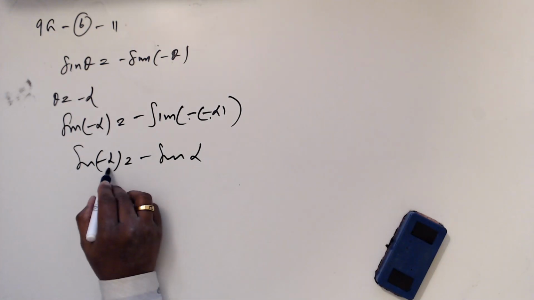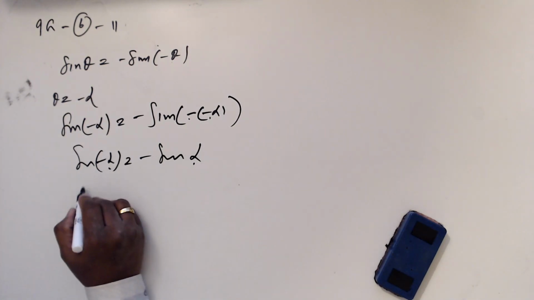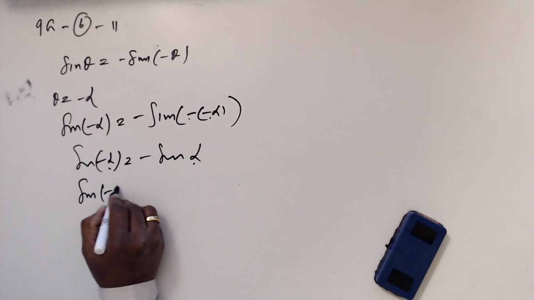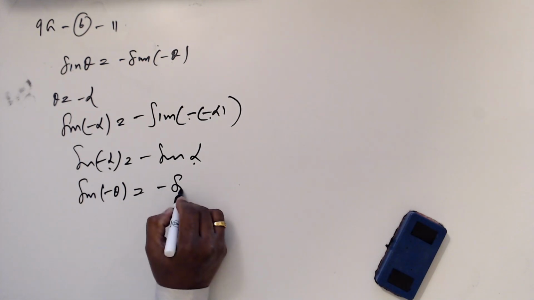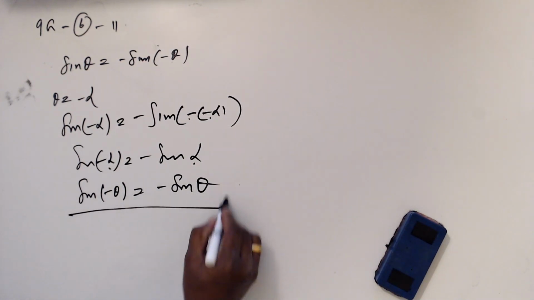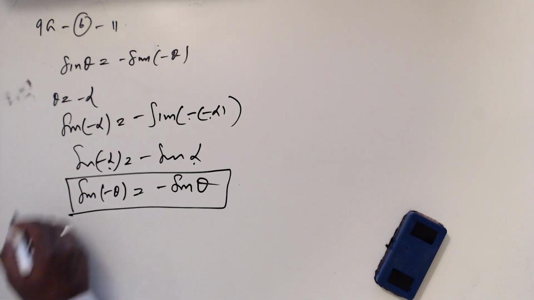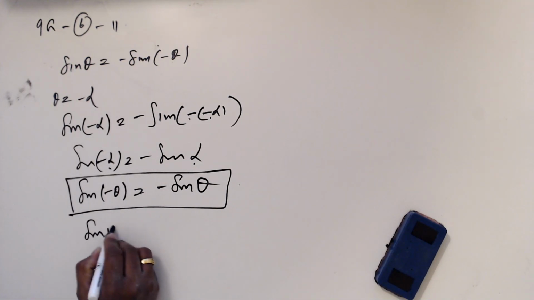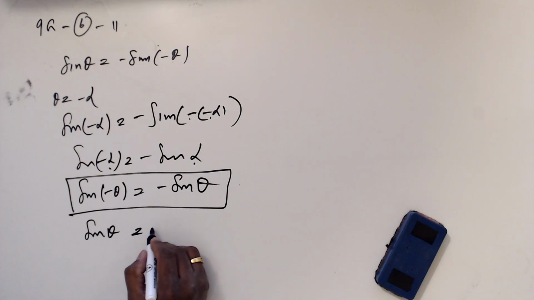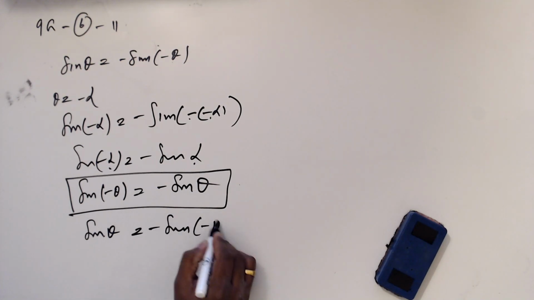So if this is alpha and this is alpha, can I write it in theta? Sine minus theta equals what? Minus sine theta. Actually, we made this equation earlier. So the other one is sine theta equals, both the same in another way, sine minus theta.